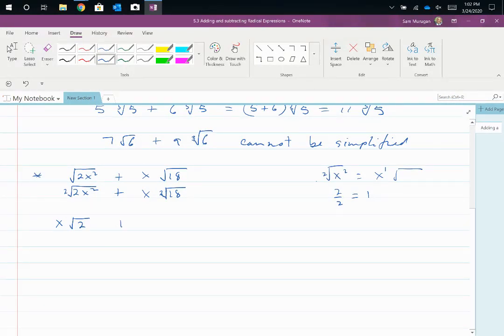And then 18 is 9 times 2, so this is x square root 2 plus x square root of 9 is 3, so bring the 3 outside. So this is x plus 3x square root 2, which is 4x square root 2.